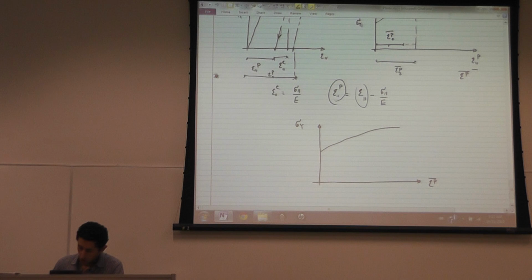As we said, you can have the kinematic, the linear hardening. We can assume that this increases linearly. You can assume that this is perfectly plastic, or you can use what is called the Ramberg-Osgood approximation. The Ramberg-Osgood approximation approximates this curve with this curve.